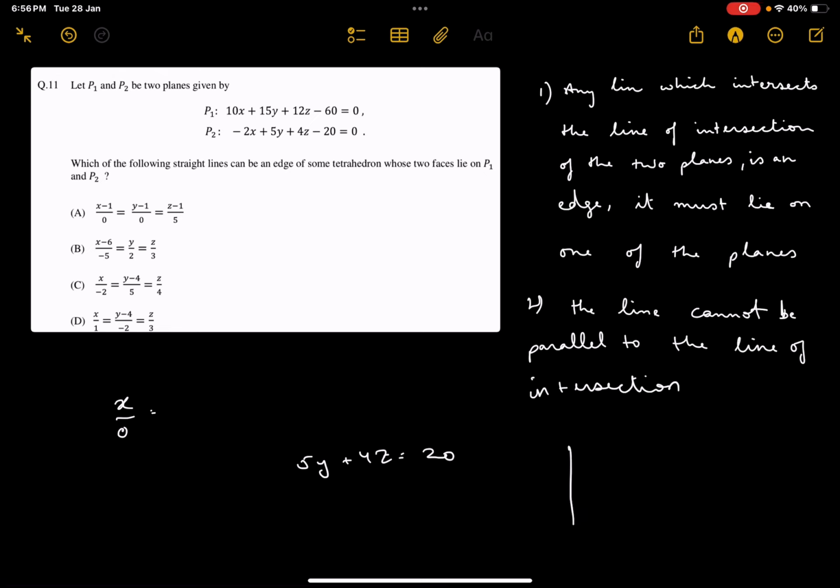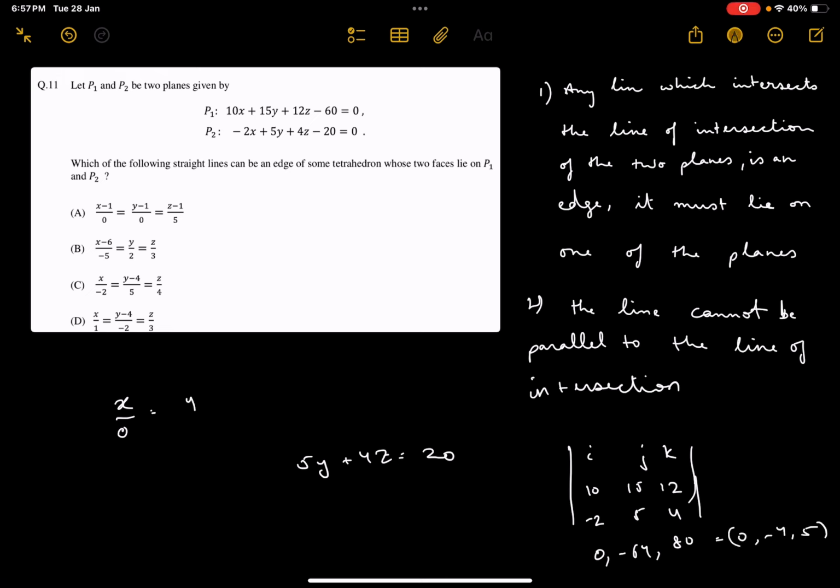the direction of the line of intersection can be calculated by the cross product of these two, which is 0 comma minus 64 comma 8, which is 0 comma minus 4 comma 5.